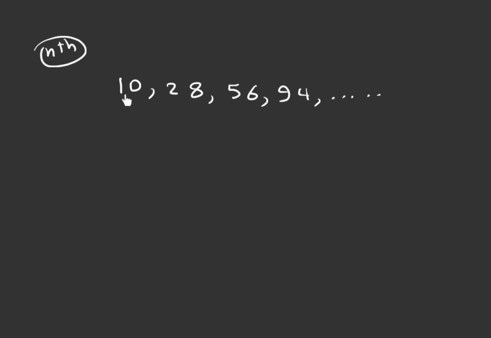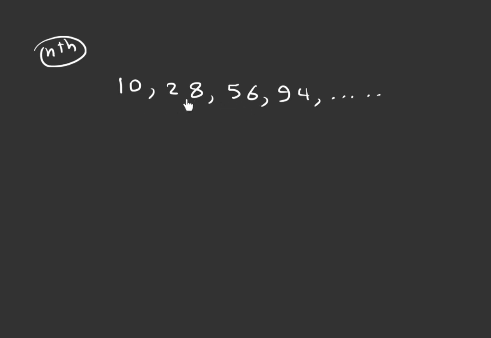First, do we add the same number each time? 10 becomes 28, 28 becomes 56. So we don't add the same number. Do we multiply by the same number? No, because 28 divided by 10 is not equal to 56 divided by 28. So we don't add or multiply by the same number. So this sequence is not an arithmetic sequence or a geometric sequence.